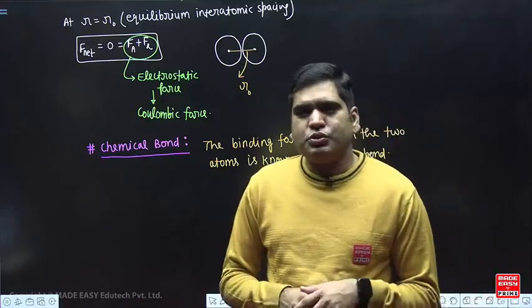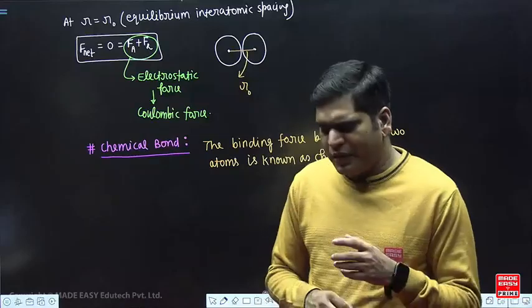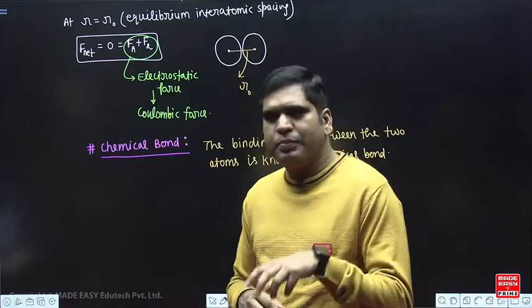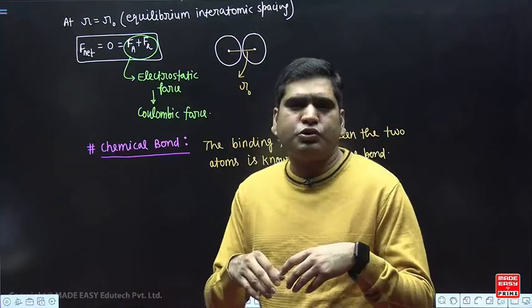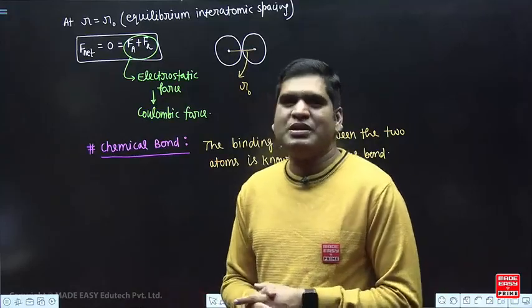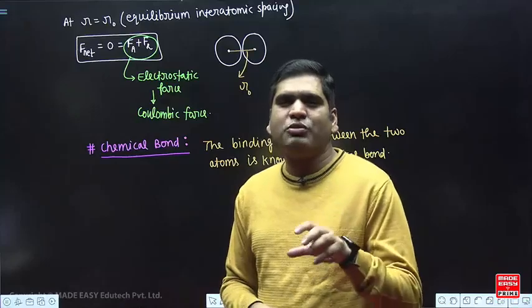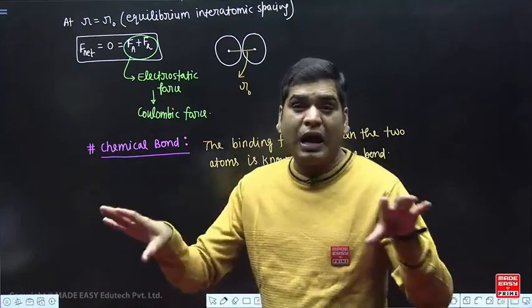That potential energy which is minimum at this point is basically known as bonding energy. In fact, bonding energy is not the energy of the system. It is the energy required to break the bond. So magnitude-wise both energies will be the same. We need to supply some amount of energy to break this bond so that these atoms can be thrown away.